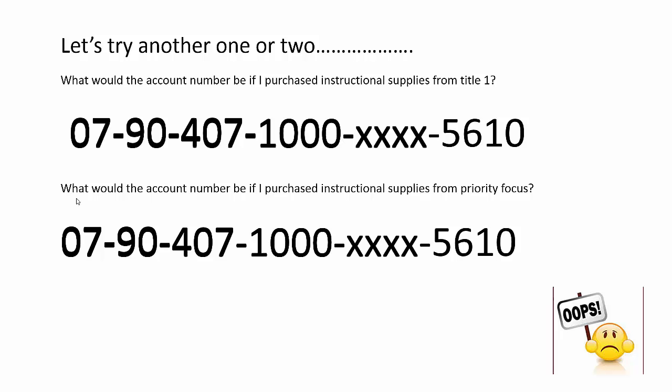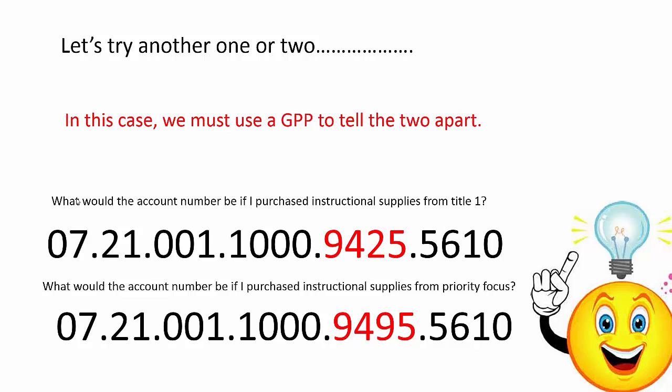We have a problem here, don't we? Those two account numbers are exactly alike. In this case, we must use a GPP to tell the two apart. In the case of Title I monies, we would use the GPP of 9425 or 9426, 9427, etc., depending on the fiscal year we are in.